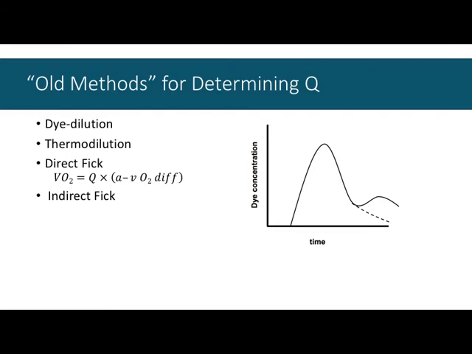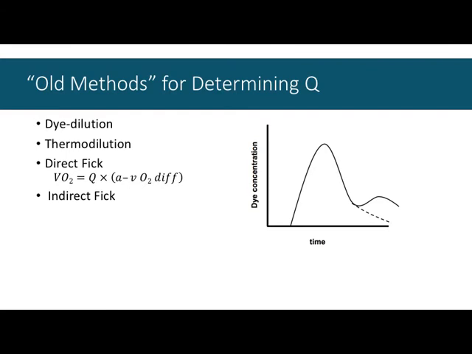If cardiac output were fast, you would expect a much more gradual and lower spike in the dye concentration. The dye covers a larger volume of blood because blood is passing more quickly. And the same thing holds up for the thermodilution technique.